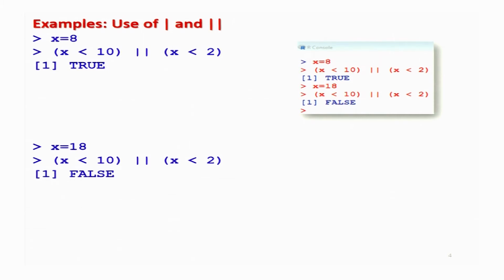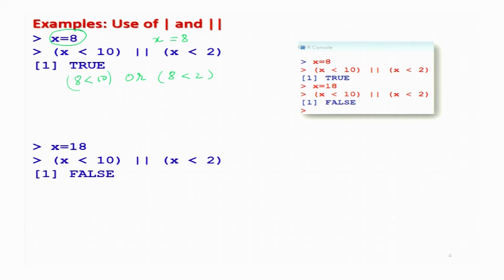Okay, so now let me take one example. Suppose I choose a value x equal to 8. That means the value 8 is assigned to a variable x. Now, I want to check whether this value 8 is smaller than 10 or this 8 is less than 2.